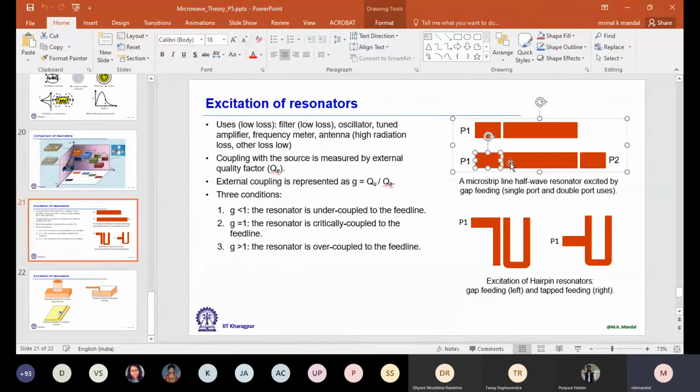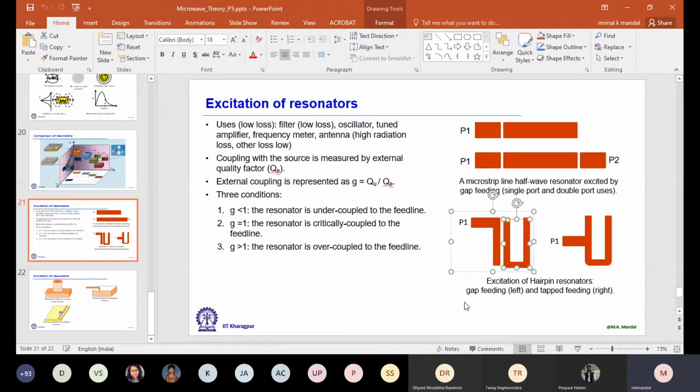Then how do we increase coupling? Instead of this end-to-end coupling, we use side-to-side coupling. This U-shaped resonator is popularly known as a hairpin resonator. See the microstrip line, how it is bent. One side corresponds to lambda g by 4, and this whole length we are using for coupling.